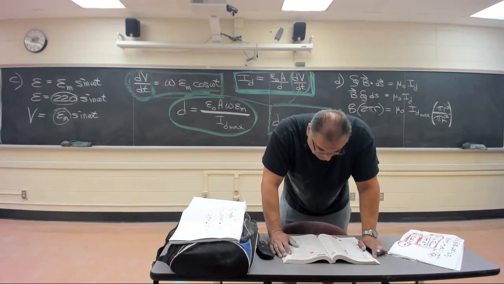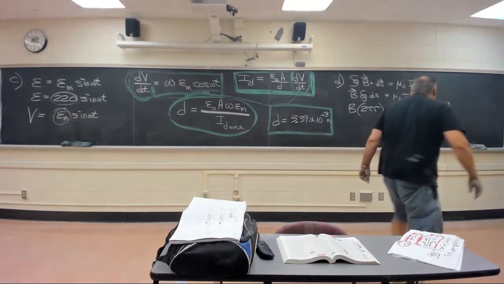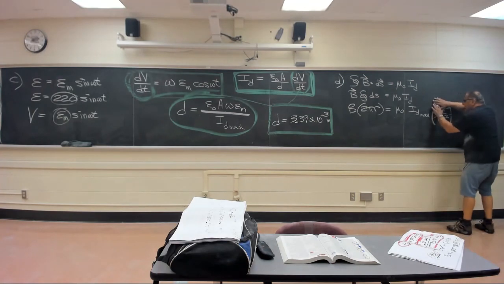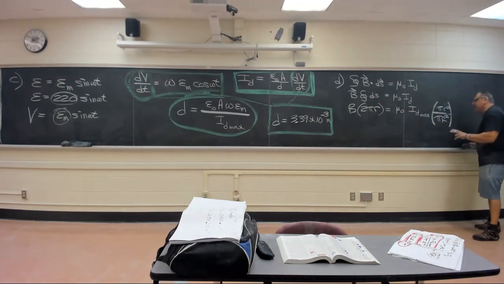The total distance from the center to the edge, that radius, capital R, is 18 centimeters. We just want the 11. That's why we can't use ID max. We've got to use a ratio of these two to get what the max would be at that radius here.